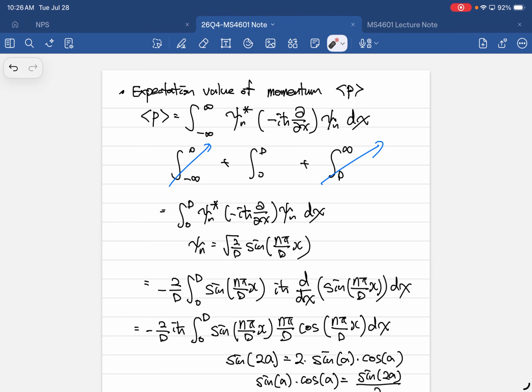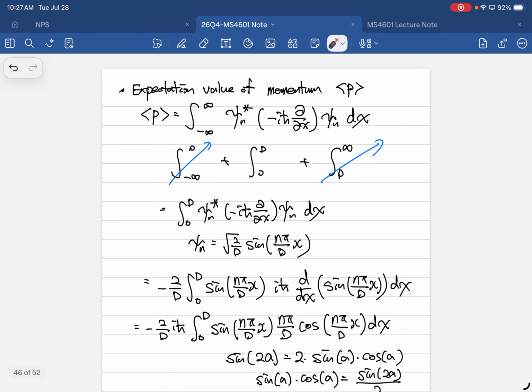Again, we are looking at the same problem, so we are separating into three domains: outside of the well, and inside of the well. Outside of the well, the wave function psi is 0 anyway. That's why we eliminate the first term and third term, because they are essentially 0, again for the same reason.